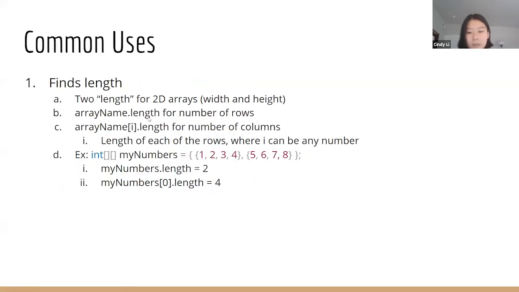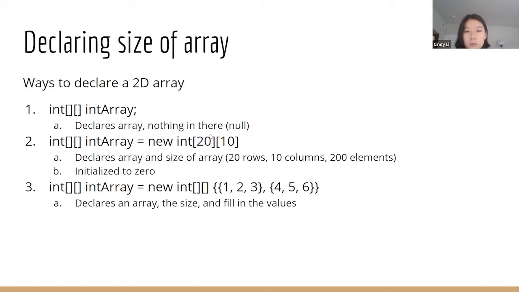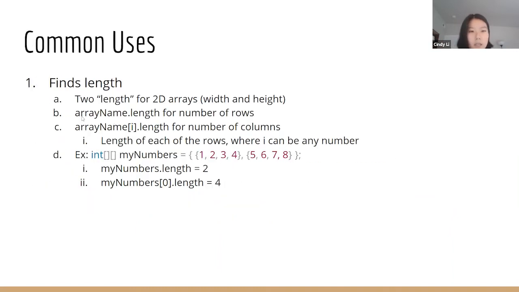If you do array name dot length, it will give you this value. So what do we do when we want to find the number of columns? This one gives the number of rows. This command gives the number of columns, and the number of columns is this number right here. And we do array name square bracket i, where i can be any number, dot length. Remember, there's still no parentheses after the length.